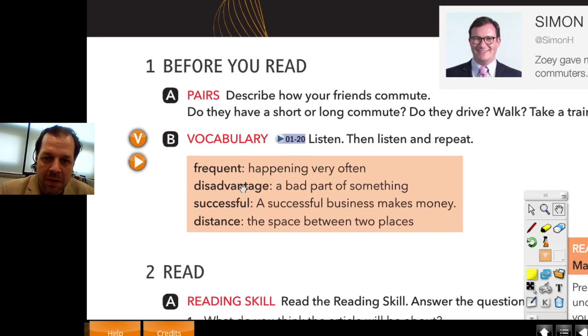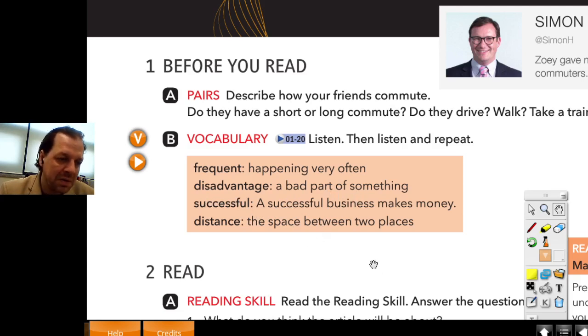Okay. There's some vocabulary here. Different words that we can use to describe. Frequent means happens very often. Okay, so I frequently have classes, meaning I have classes every day or something. Disadvantage would be describing a bad part of something.